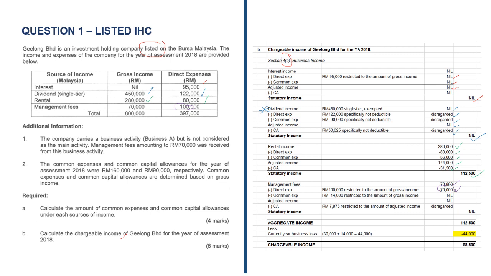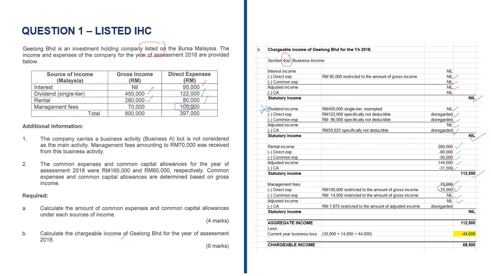Common expenses, tadi kita dah buat apportionment, kita dapat expenses sebanyak 14,000. Tapi, kita dah tak boleh tolak here sebab dah tak ada income. Yang tahun ni 70,000, dah tolak dah 70,000 dari expenses, sekarang dah zero. So, nil. Dan you dapat adjusted income nil.